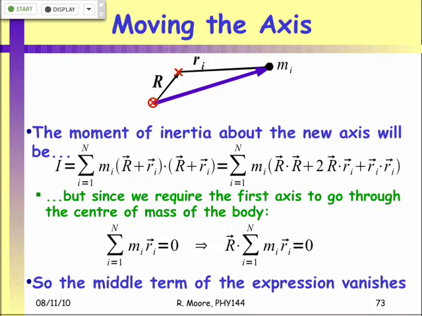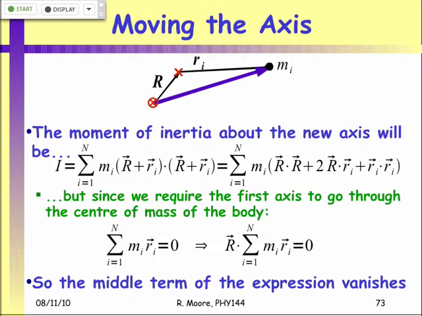But you can write this down now. So we've got our new axis that's parallel to the first one, and it's a distance R away, and this is, of course, a position vector. So now, this blue line here, that what we want to calculate, is big R plus little r_i, right?